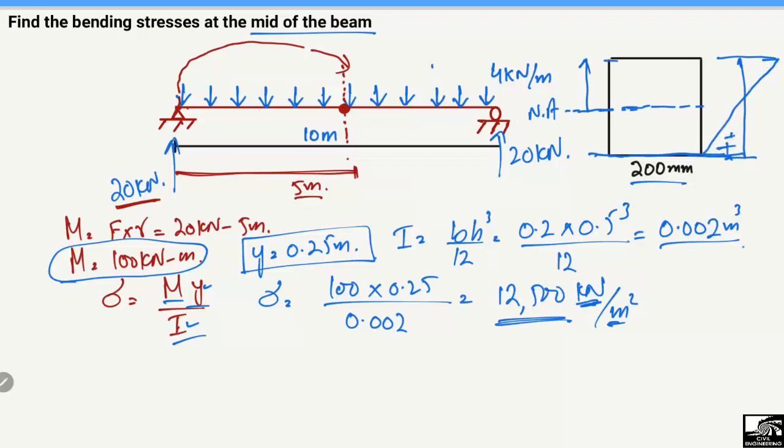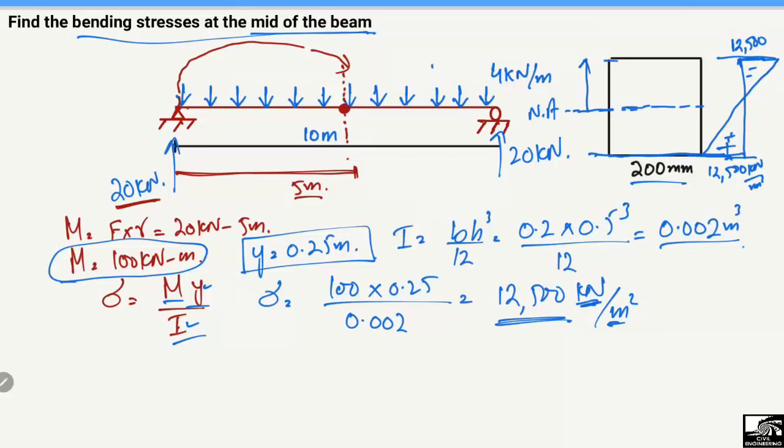This is positive, and here it will be negative. So the maximum stresses acting here at the top of the beam will be 12,500 kilonewton per square meter, and here at the bottom of the beam there will be tensile stresses, which are also equal to 12,500 kilonewton per square meter. So here we found the bending stresses at the mid of the beam.